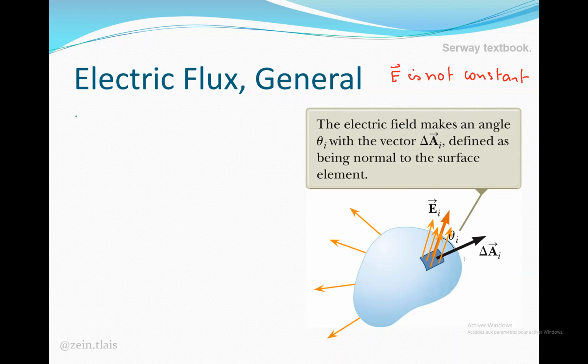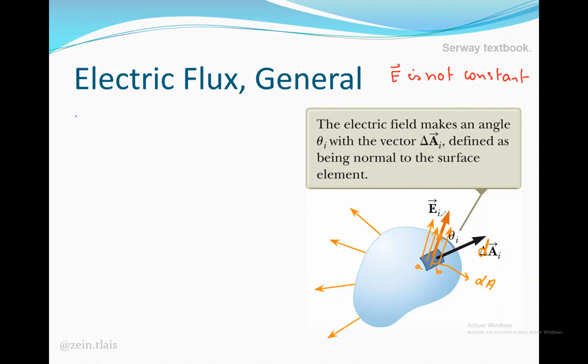Okay? And this small area has dA as magnitude. We can say here we have small a and small b, dA equal a times b. As direction, dA must be perpendicular to this plane. We have dA.